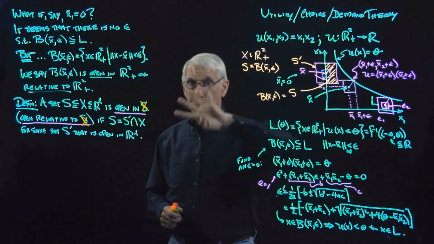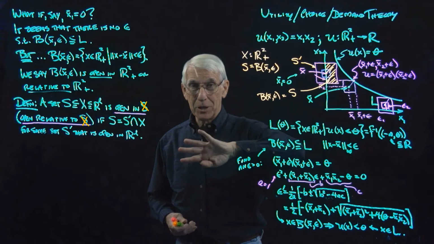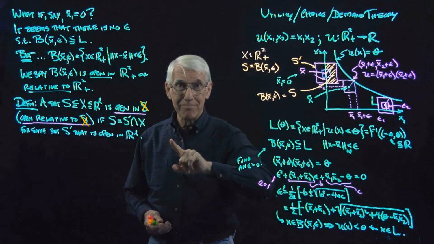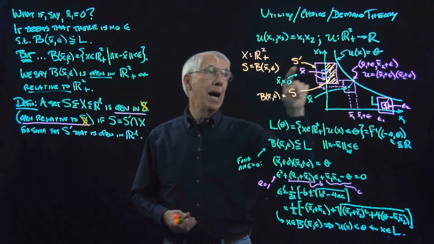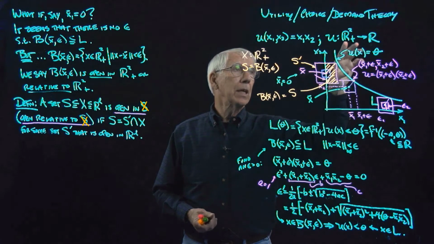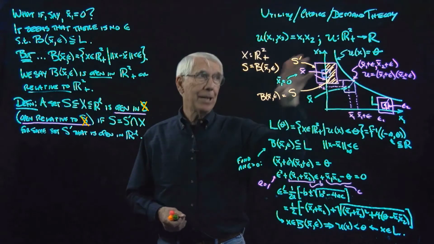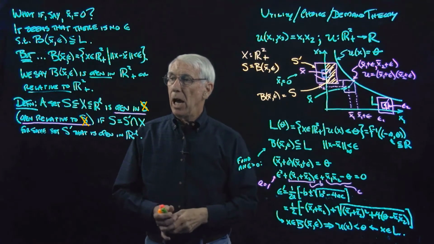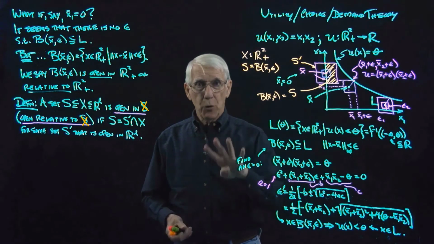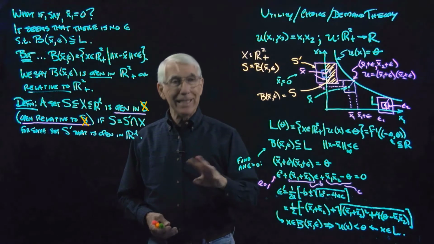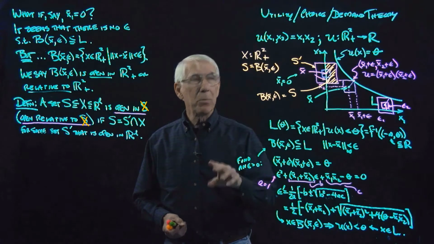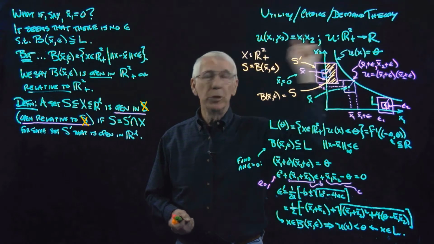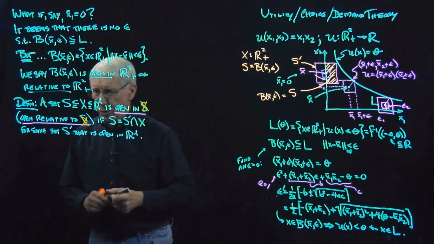So we already have 4 definitions of functions being continuous on a set X. And so here, X is R2 plus. We have the function U is continuous on R2 plus. We have those 4 definitions, so we're going to give some additional definitions that apply just to real valued functions. So let's do that here.